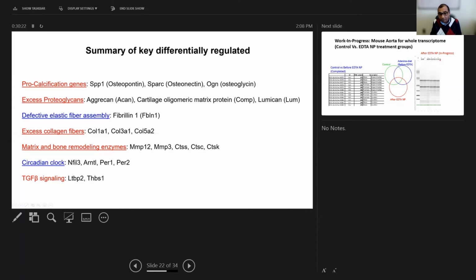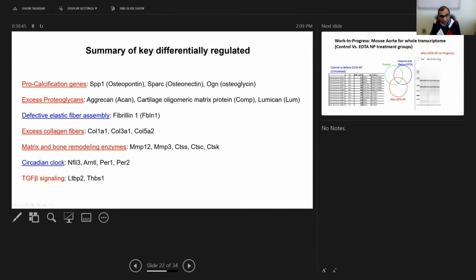For example, PER1 and PER2 are targets of these. So these are transcription factors that are downregulated, suggesting that some of the genes that are supposed to be suppressed by circadian clocks are basically activated in these mice. That perhaps indicates that this is another pathway to look at, how these changes in the circadian clock are feeding into the vascular calcification pathology.